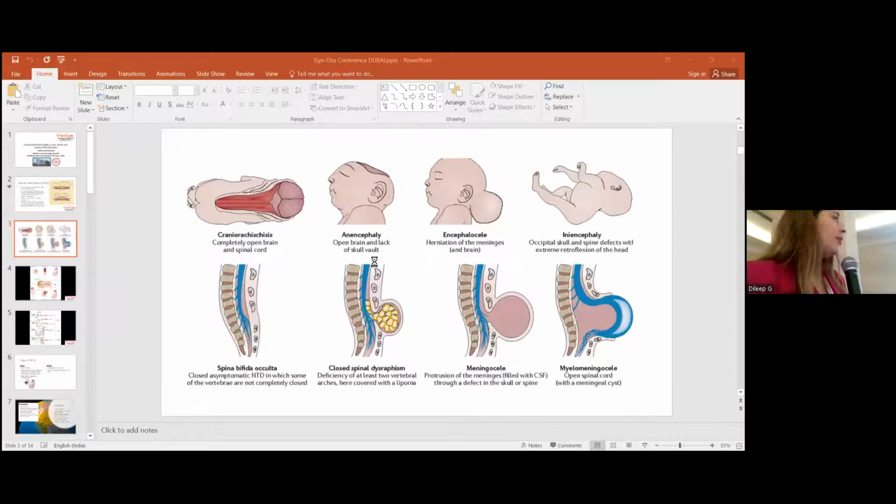Maternal hyperthermia during pregnancy is also very important, and rubella infection is a very important risk factor. But in 95% of women, there is not any risk factor. We only know a small amount of risk factors for now.